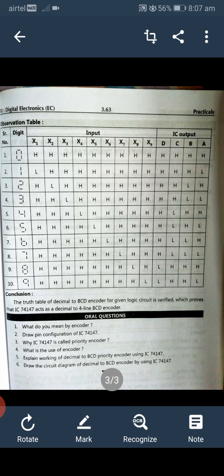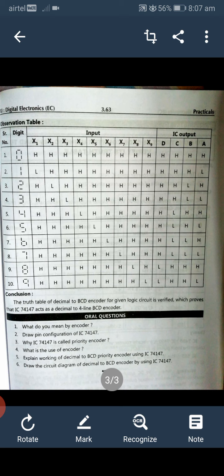The first question is: what do you mean by encoder? Draw the pin configuration of IC 74147. Why is IC 74147 called a priority encoder? What is the use of encoder?